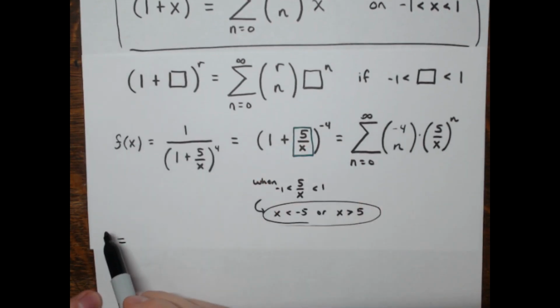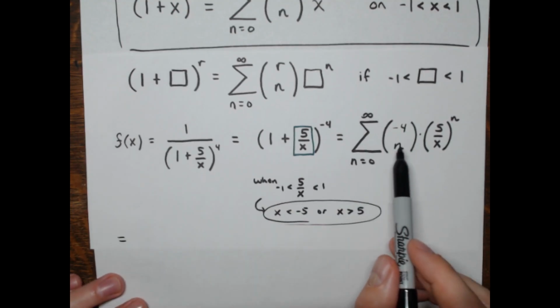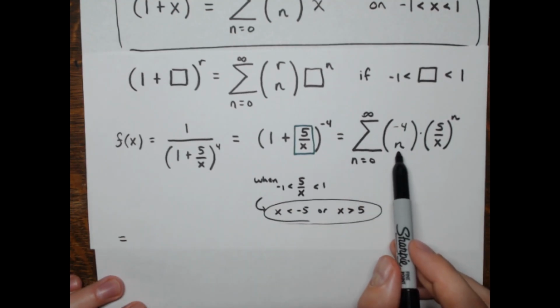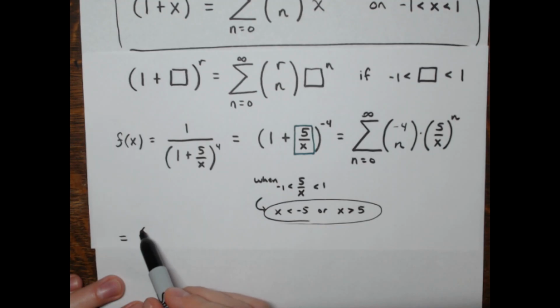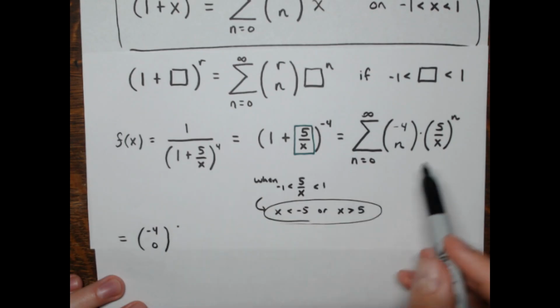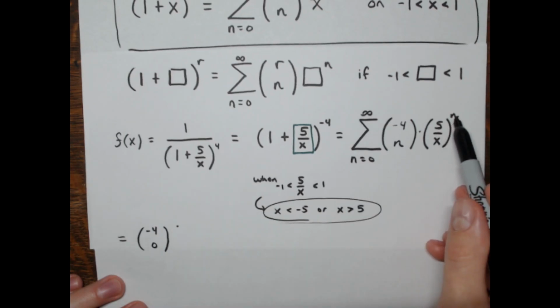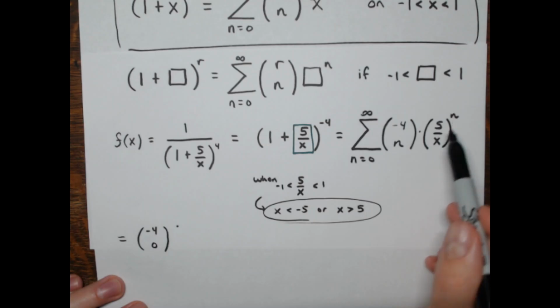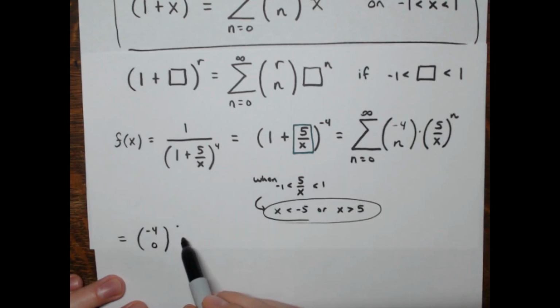Okay, so f of x could be equal to, and then let's just plug in 0. So -4 choose 0 times 5 over x to the 0, which will be 1, right? Something to the 0 power is 1. Plus -4 choose 1, and I went over how to calculate these.